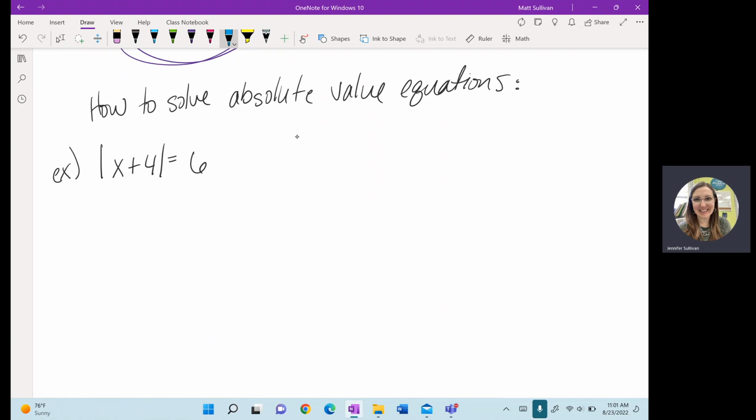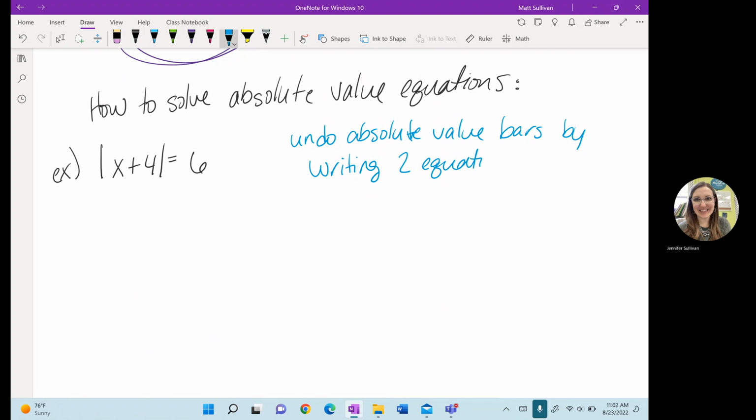If we want to think undo, I say that we undo absolute value bars by writing two equations. That's key. We undo absolute value bars by writing two equations.